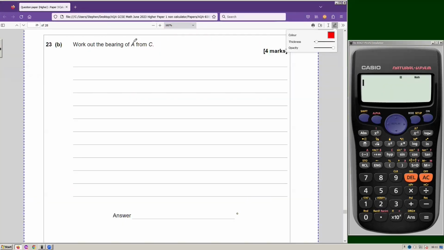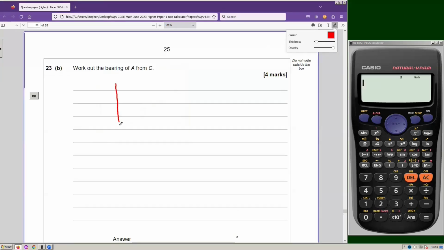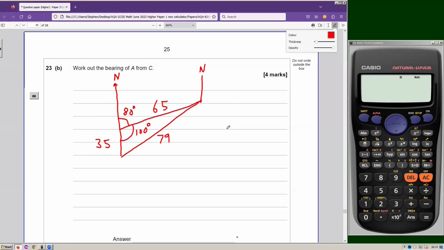23B, work out the bearing of A from C. I think I'll redraw the triangle. Work out the bearing of A from C. So this is C, and the bearing's always clockwise from north, so it's this angle round here. If this is 100 here, then this one's 100.